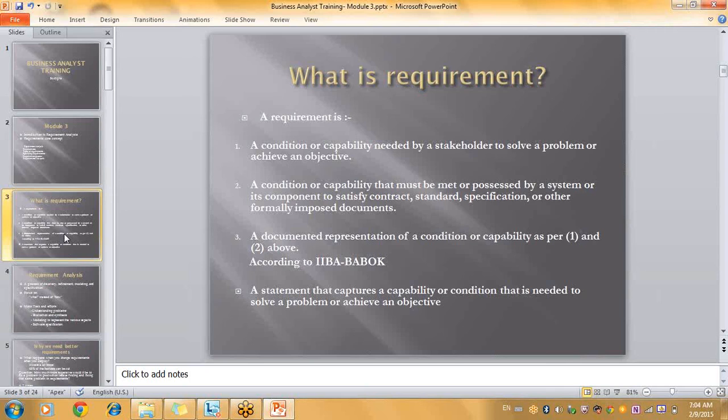When I say capability, it means that whatever the condition or the requirement, for example, if you have some problem, in order to solve that problem I will have an objective, right? Okay, this is my problem. I should specify something where I could get my problem solved, right? Can you give a real life example of that, please?